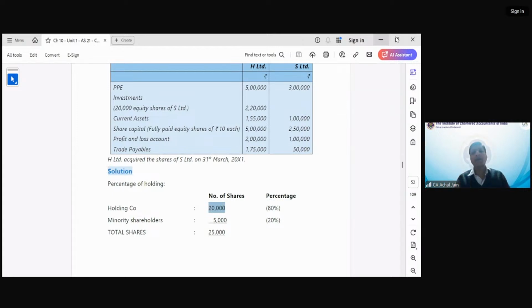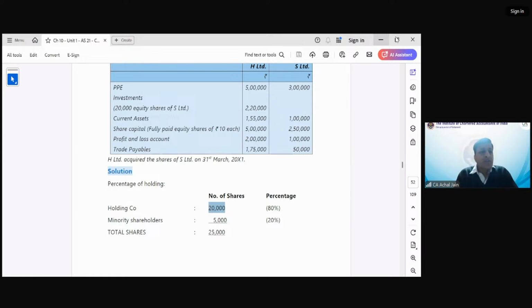Otherwise, you will remain confused, because all of those concepts are now going to be used. We are now on the consolidated balance sheet, wherein we'll have to apply all of those concepts. So if you miss out on those concepts, then automatically this problem will arise. That's why I advise that please go back to those two parts which you have missed. That will help you.